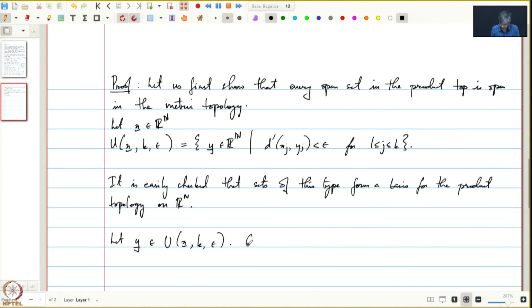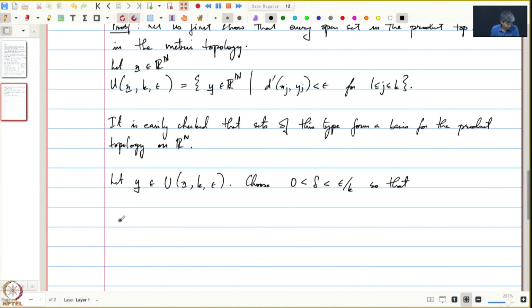Choose some delta positive which is less than epsilon by k, so that this ball around yj of radius delta is contained in the ball around xj of radius epsilon. This should happen for j lying between 1 and k.